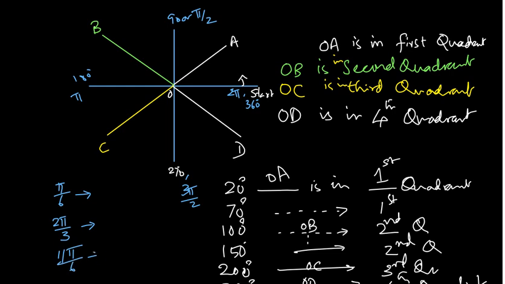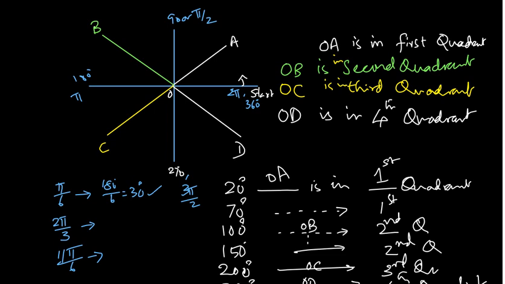So one way to do it is to convert this radians into degrees and look at it. For example, pi means 180 degrees divided by 6, that's 30 degrees. So it's in the first quadrant. Correct? 30 degrees, first quadrant.